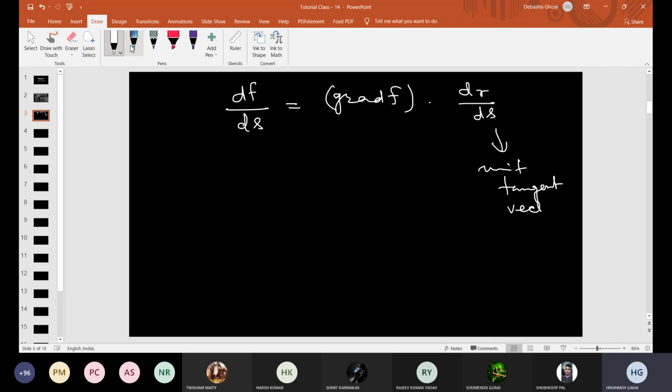The vector is given along which we need to find the directional derivative. We transform it into the unit vector, and the gradient of that function we compute, and this is called the directional derivative of that function at some point P. The gradient is also at P.